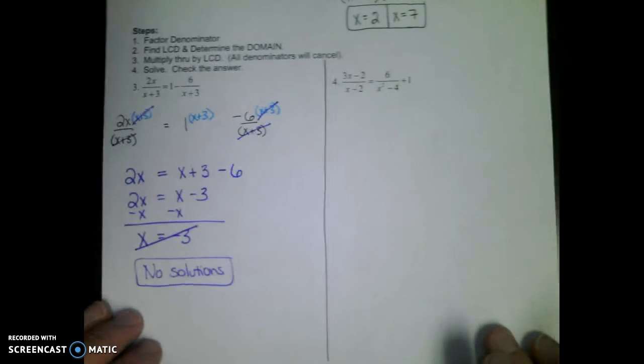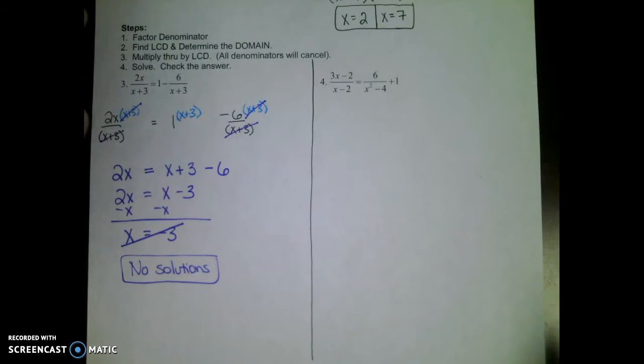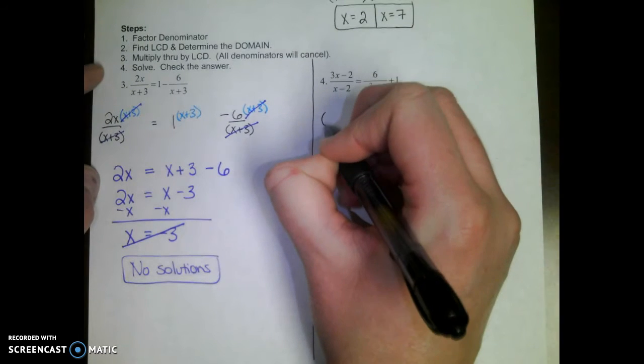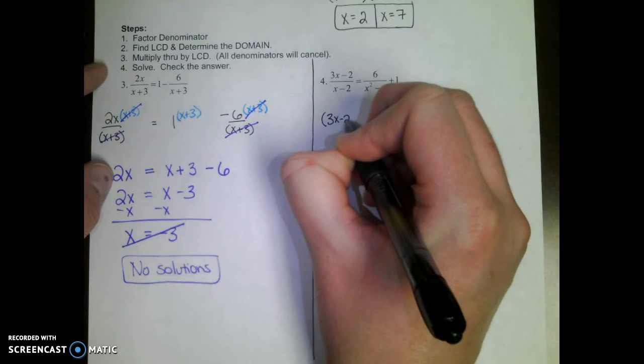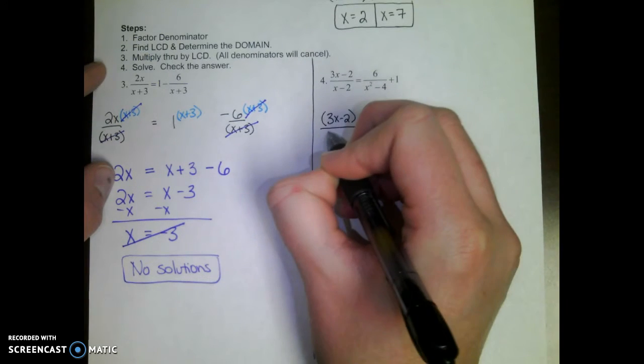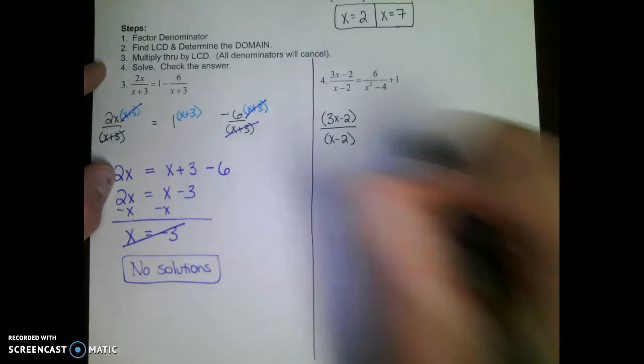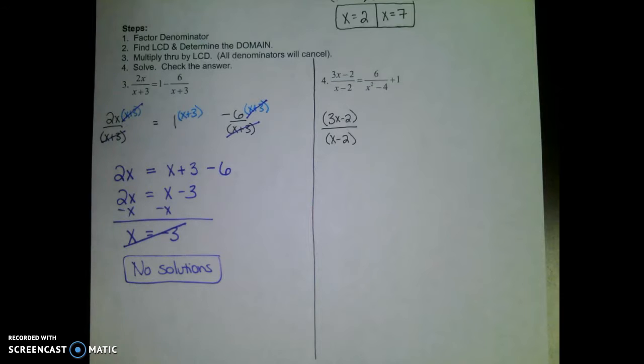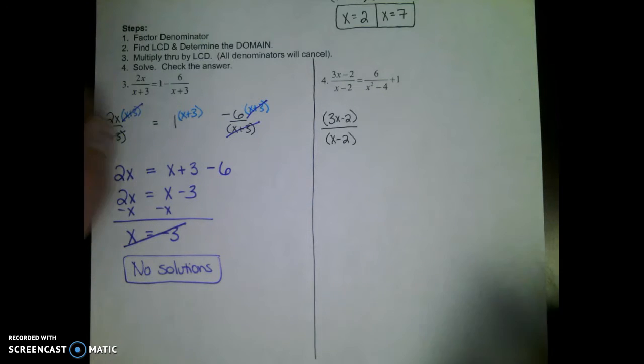Okay, number 4. Our first step is to factor any denominators and spread your work out so you have room to see what's going on. So I've got 3x minus 2 over x minus 2. I didn't have to factor x minus 2, I just put it in parentheses so that if we multiply anything else, we can see where that factor is.